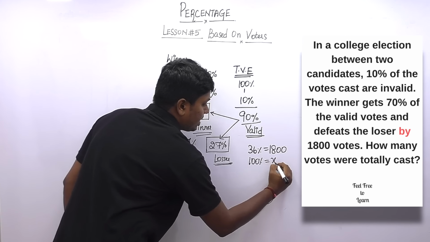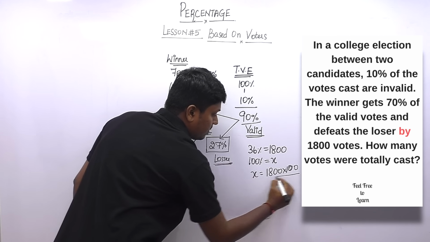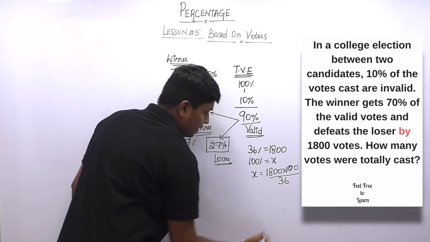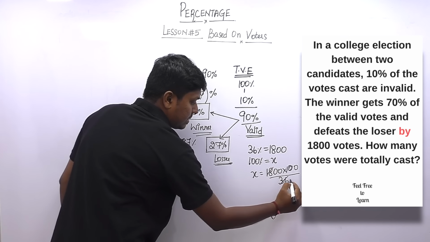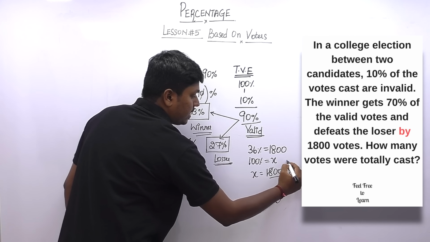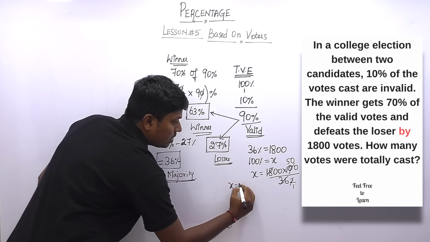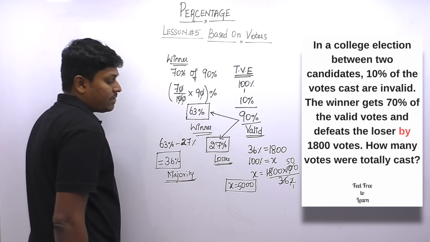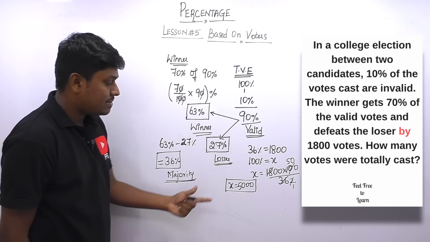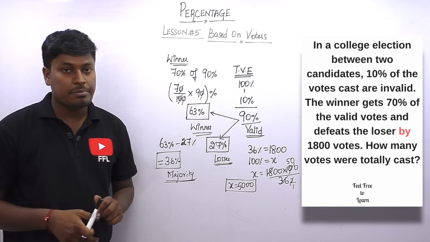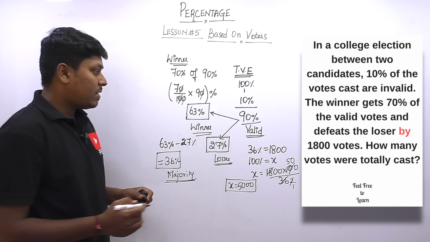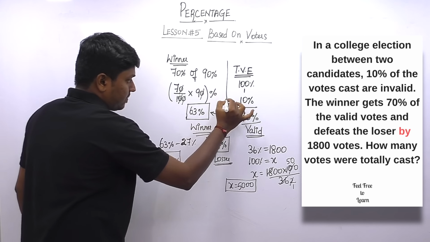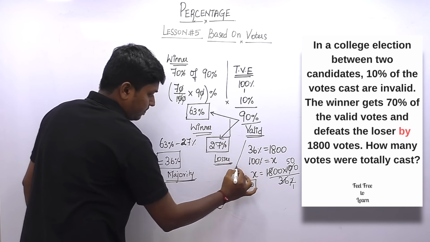So x is equal to 1800 into 100 divided by 36. So 18 twos are 36, so 1 twos are 2, 50 times, which is x equal to 5000. So finally we got the answer for question number 6, that is 5000, the total number of votes cast, right? So friends, got it. So what are all the things that we have done is most important.